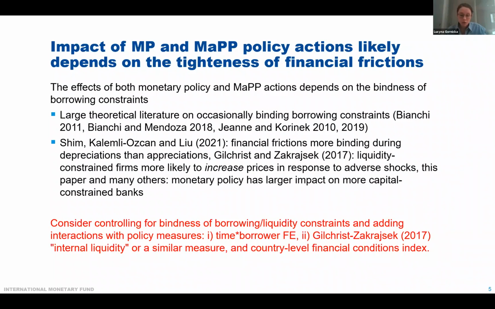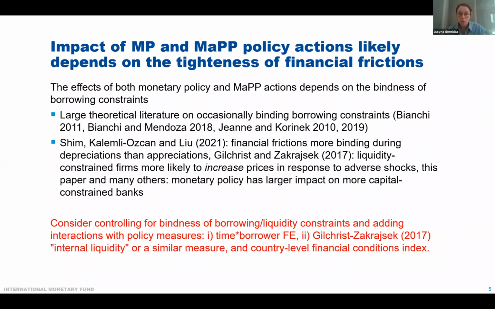And in general, this literature finds that policies tend to be stronger, more effective when these borrowing or liquidity constraints bind. So given the high granularity of the data that the authors have access to, I think it's a perfect setup for exploring this state dependence to a larger extent.